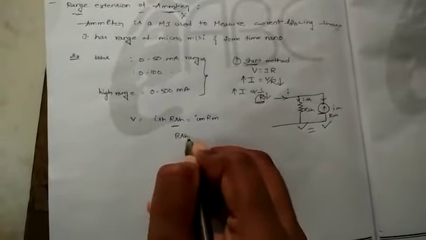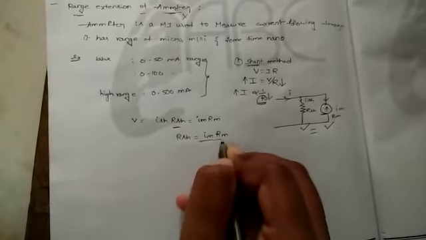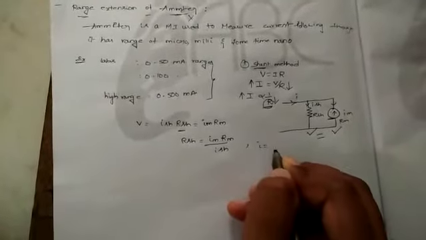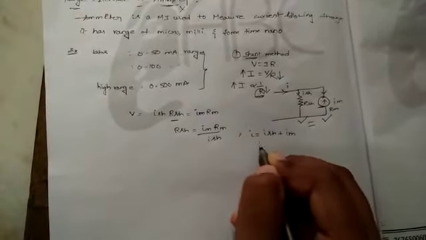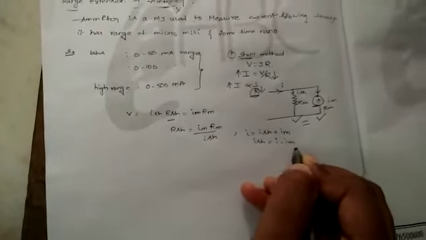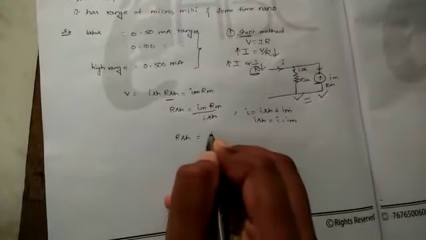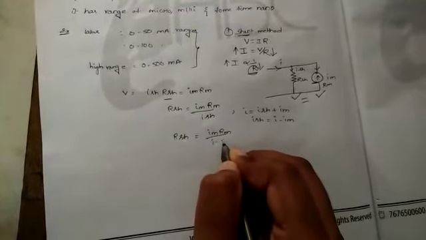RSH equals IM RM divided by ISH. Here we know the current I equals ISH plus IM. From this, ISH equals I minus IM. So the shunt resistance RSH equals IM RM divided by I minus IM.